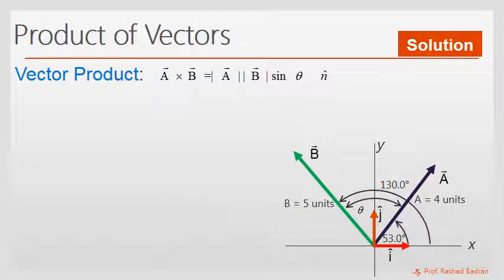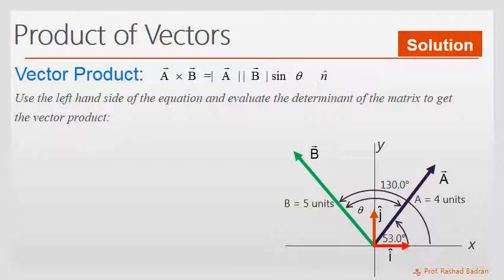We're going to solve the same problem in a different way, by using the left-hand side of the cross product relation and evaluating the determinant of the matrix for the cross product a cross b. This requires obtaining the three components of each vector, because as we said before, the vector product is defined in three-dimensional space.